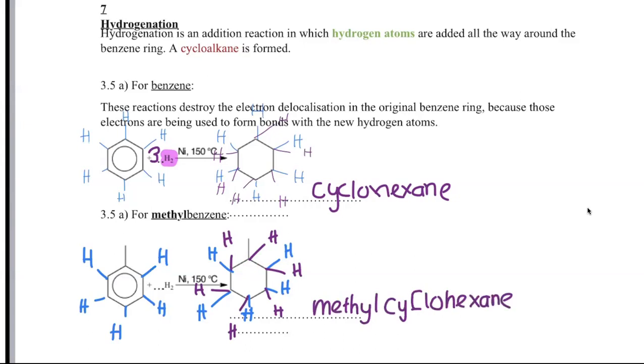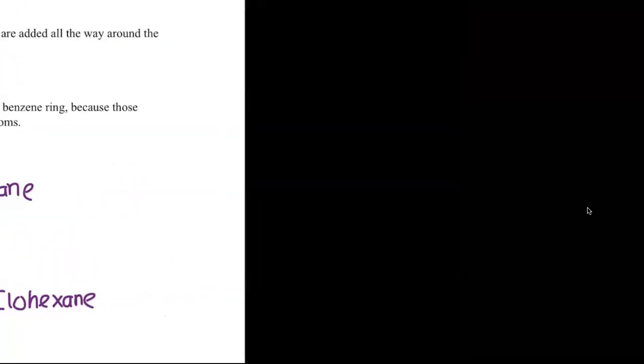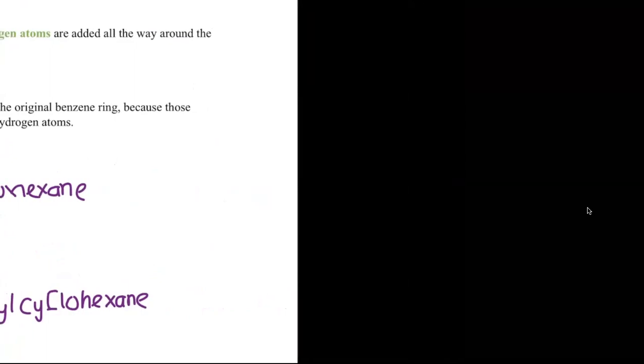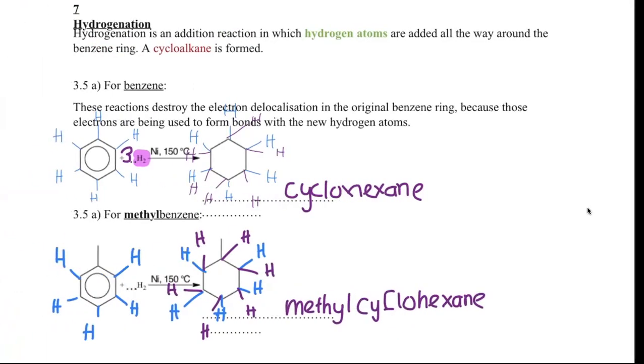So there is a change in functional group. You go from an arene into an alkane. Right, so that is all for this topic. Are there any questions that you would like to ask?